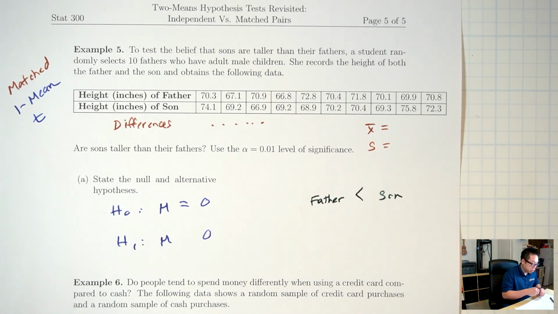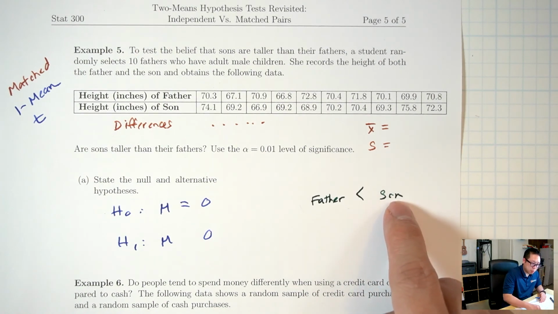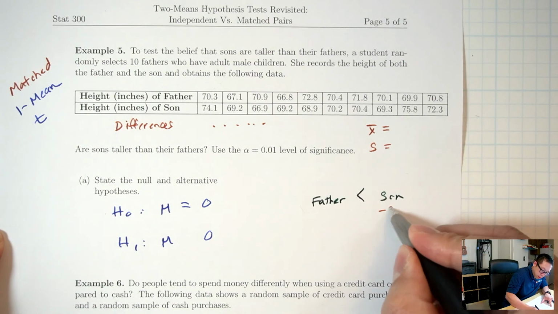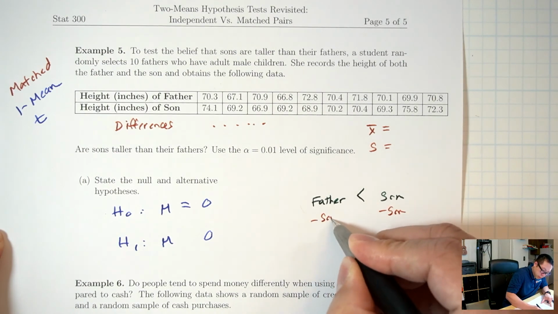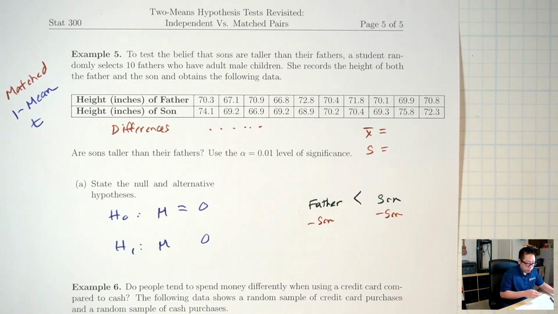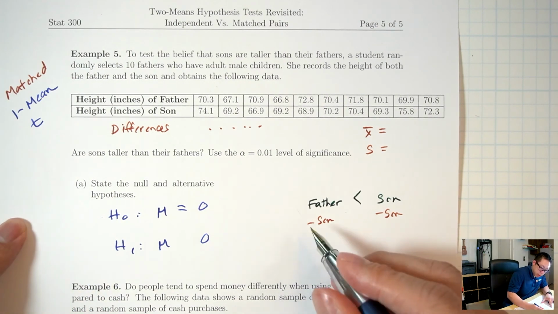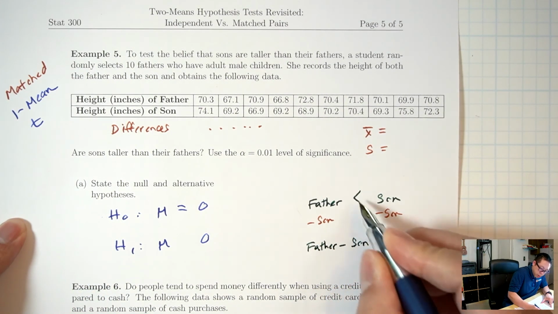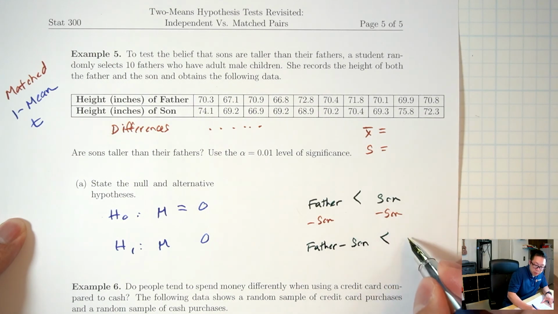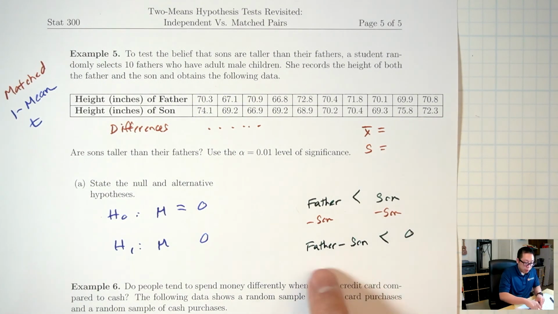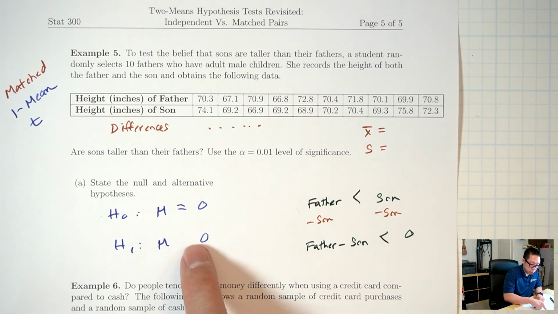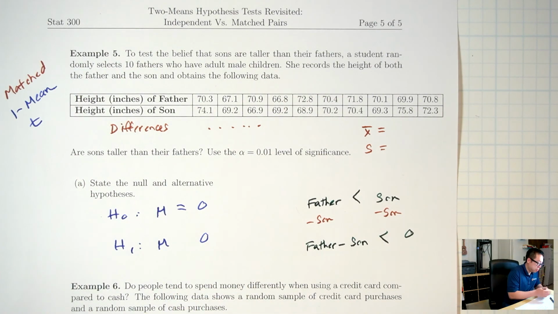And then what you're actually doing is you're moving the son to the left side, so you're subtracting son, to get father minus son is less than, and son minus son is 0. Father minus son is exactly the differences that we're computing. So this is really less than 0, which is why this is going to be less than 0.